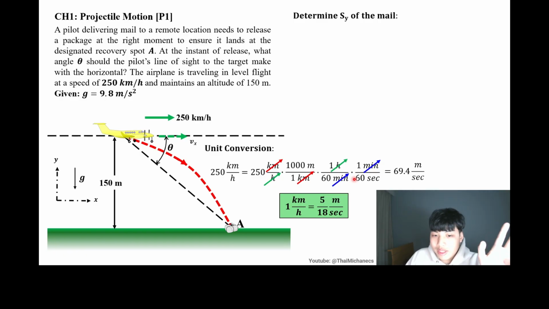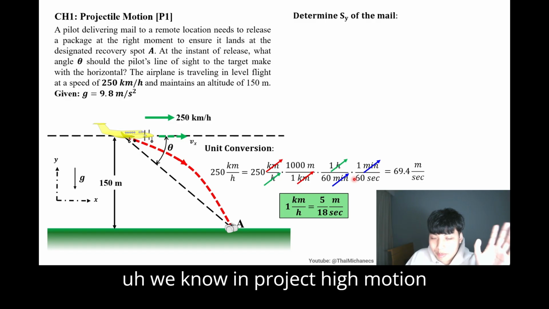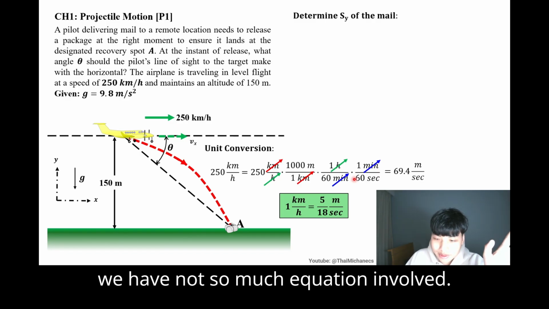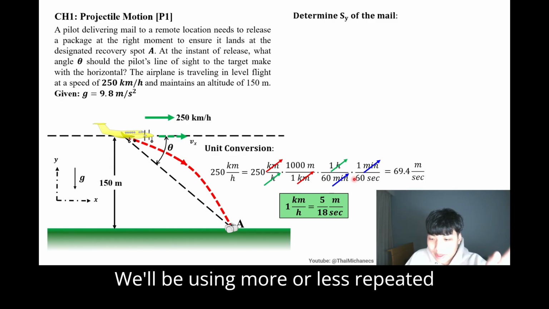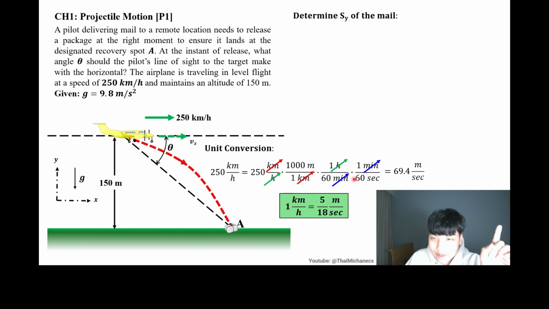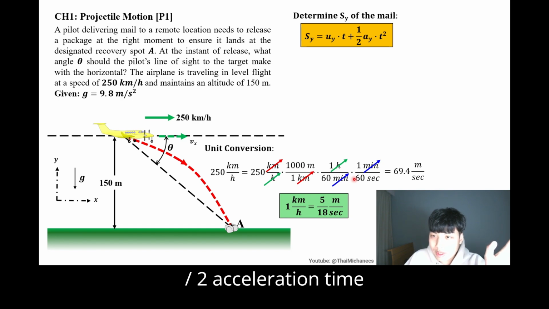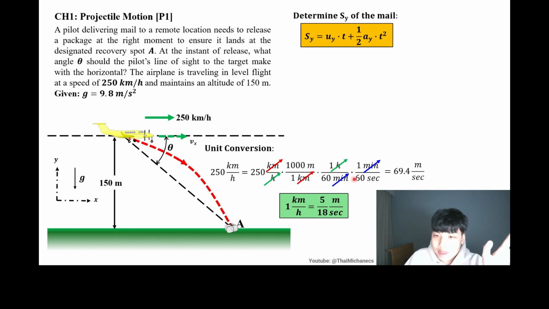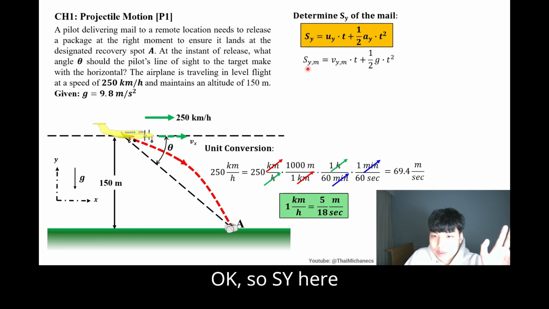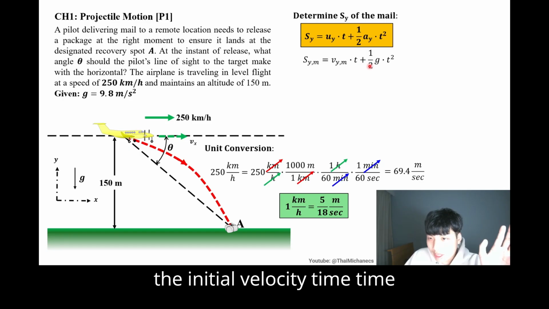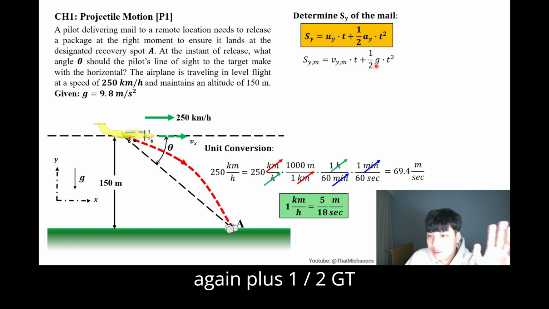In projectile motion we don't have so many equations involved; we use more or less the same equation repeatedly. In this case, I focus on s_y, meaning the distance in the y direction. So s equals ut plus 1/2 a t squared. Here s_y, the distance in the y direction, equals the initial velocity times t plus 1/2 g t squared.